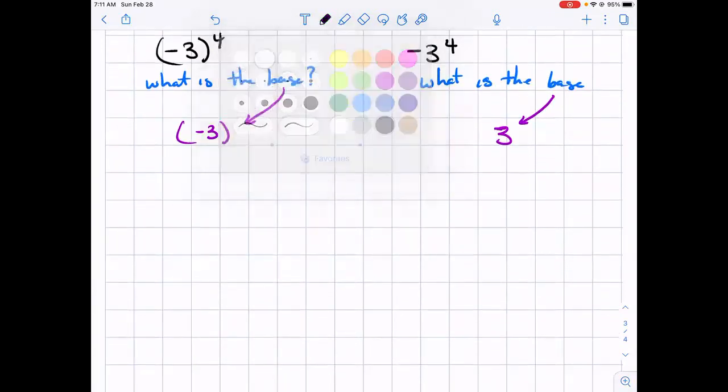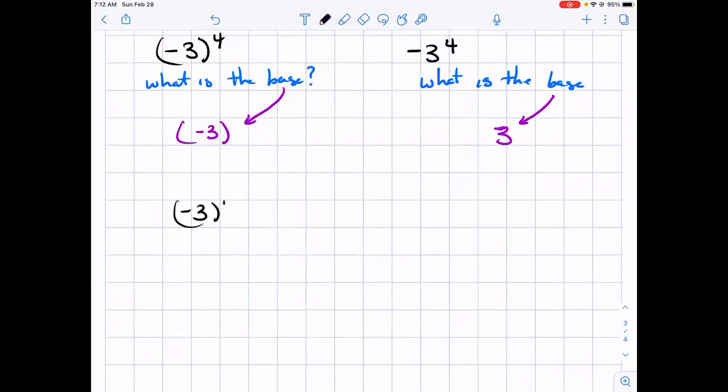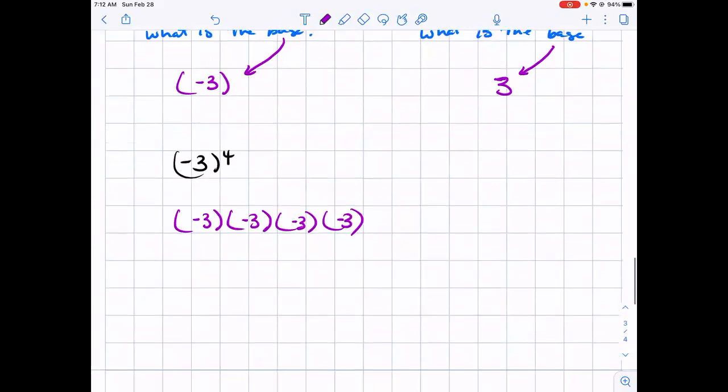So when we have minus 3 in parentheses raised to the 4th power, it means write the base 4 times, and then you fill in what's inside. If you multiply it, minus 3 times minus 3 is 9, and then 9 times minus 3 times minus 3 again.